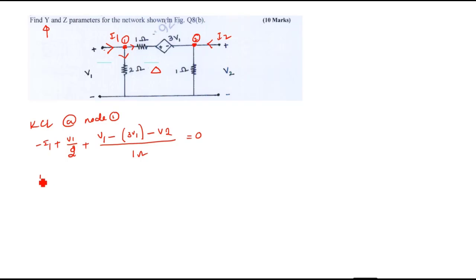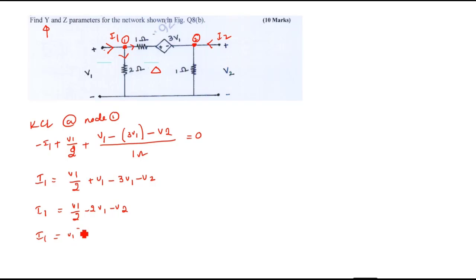Then simplify this. I1 equals V1 divided by 2 plus V1 minus 3V1 minus V2. So I1 equals, 1 plus 3, here it is minus 2, V1 divided by 2 minus 2 into V1 minus V2.